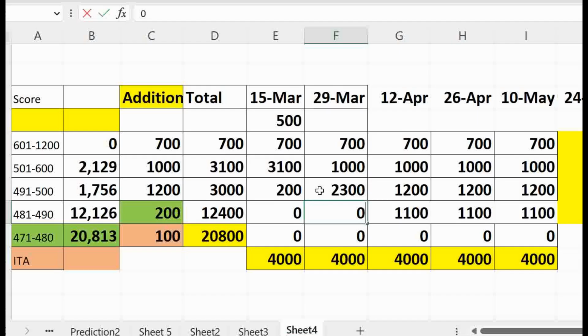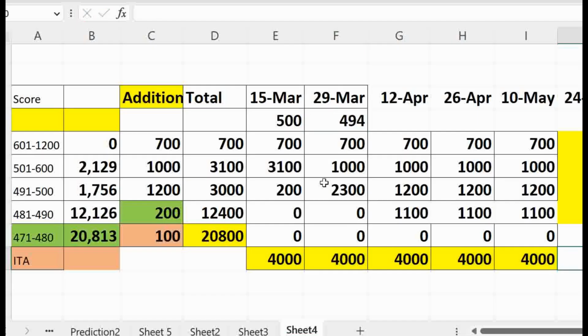Then we are having about 400 candidates on 1 point. If 2300 are picked up, the score will fall down by 6 points. So if we subtract 6 from 500, it should be around 494.